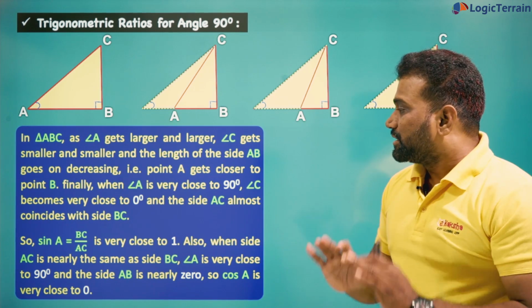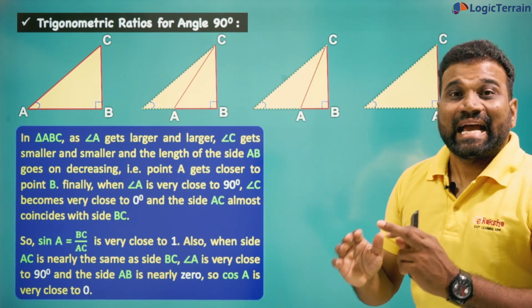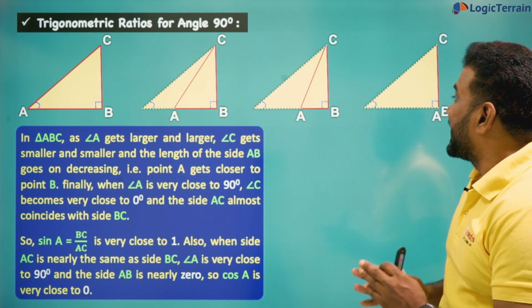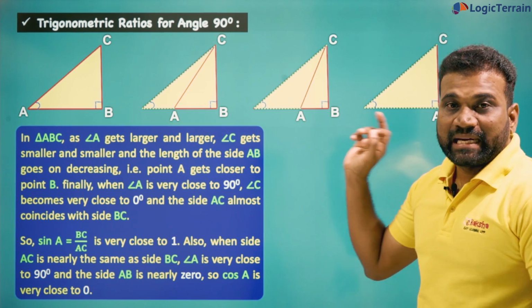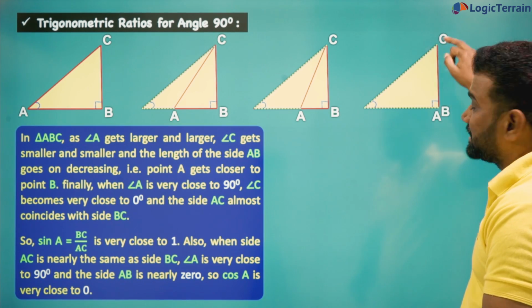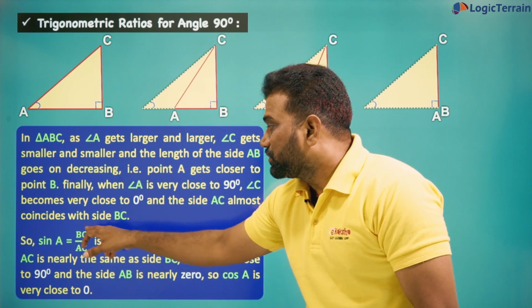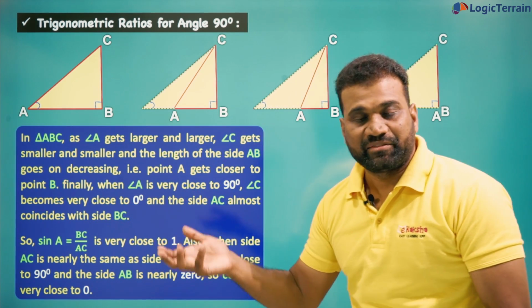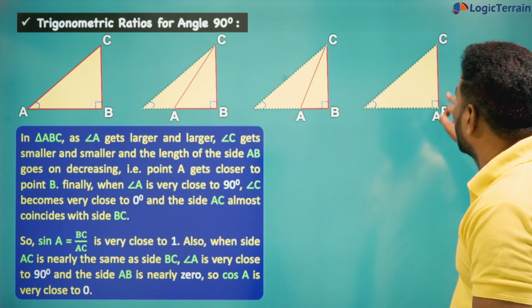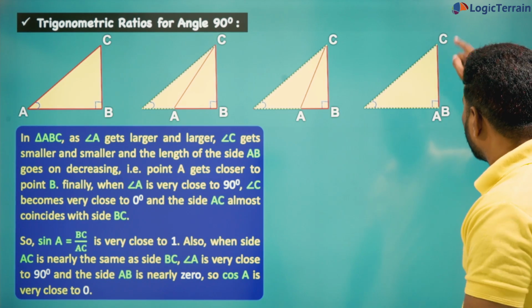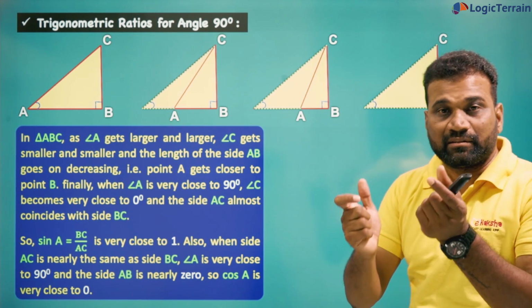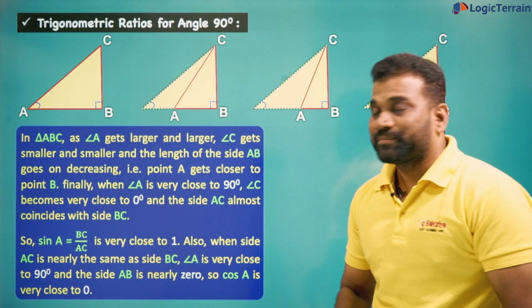So from this broadly we can understand, as AB becomes BC and angle A becomes 90 degrees, angle C becomes almost 0 degrees. So sin A is equal to BC by AC, by definition opposite side over hypotenuse. Here opposite side and hypotenuse are both equal, then the ratio is 1.